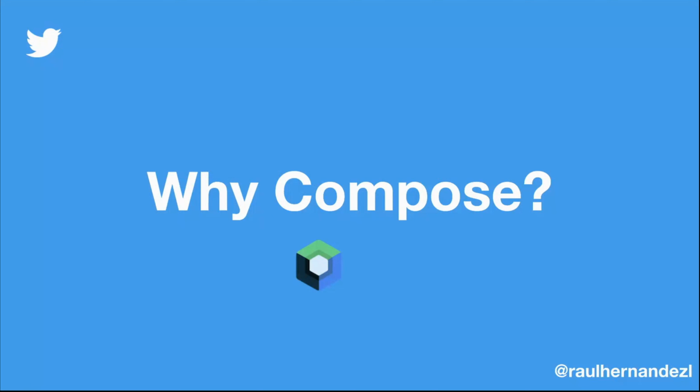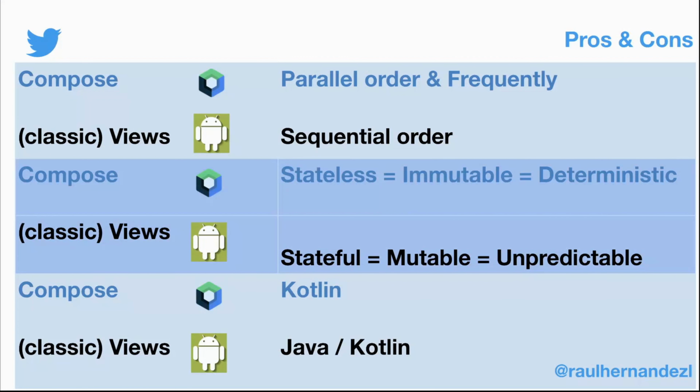Just to recap, why Compose is something that we should do, and what is something that we shouldn't do. Why is it interesting? Compose runs every operation in parallel and very frequently. So that means that it's going to be really performant, and your screen is going to be very smoothly rendered by using Compose in the future, if it's not already something that happens to you.